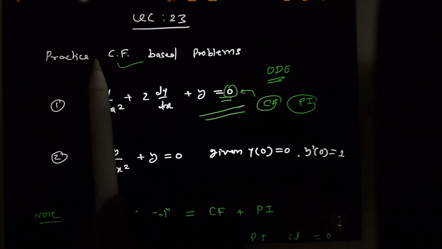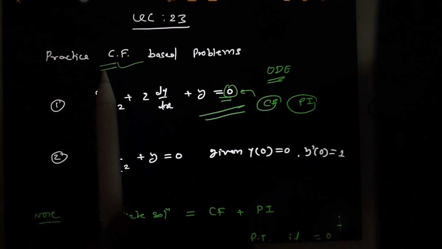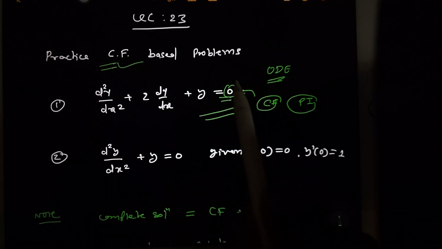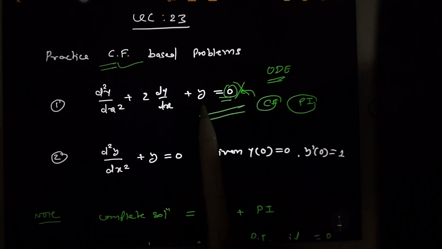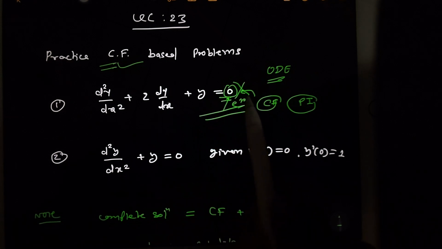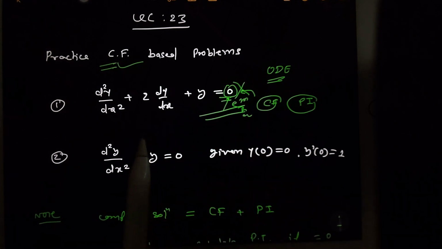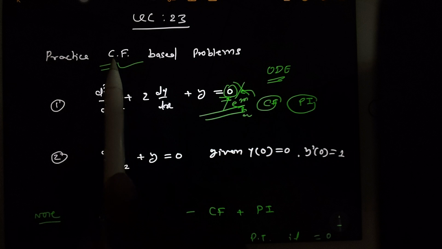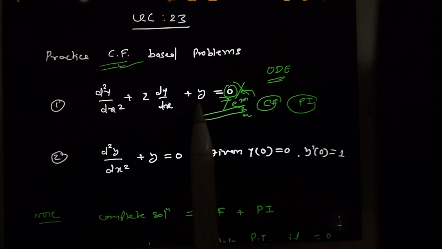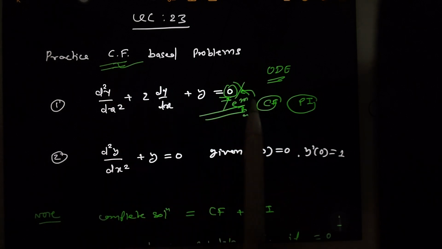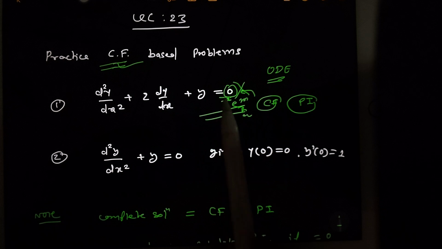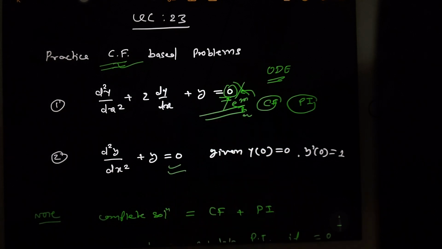But currently, because I have taught you complementary function, I am not giving you anything on the right side. Otherwise I will give you something like e power ax or sin ax. Because we have to practice complementary function, only this kind of equal to 0 problem I will give you. So here I have an equal to 0 problem, and here also I have taken an equal to 0 problem.